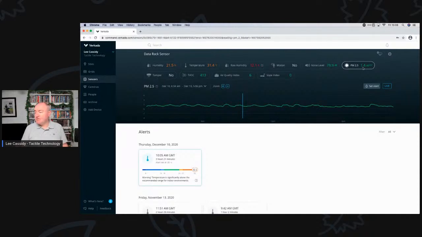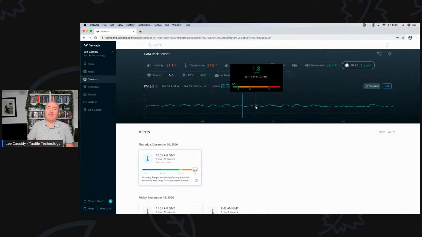So what we can do is keep an eye on that. And again, we can alert on specific figures. So really above 12 micrograms per cubic meter, it is starting to get worrying. People are going to start getting problems with breathing, and they should be wearing some kind of PPE mask at that point in time, FFP2, FFP3, to ensure that they're not breathing those particles into their lungs.